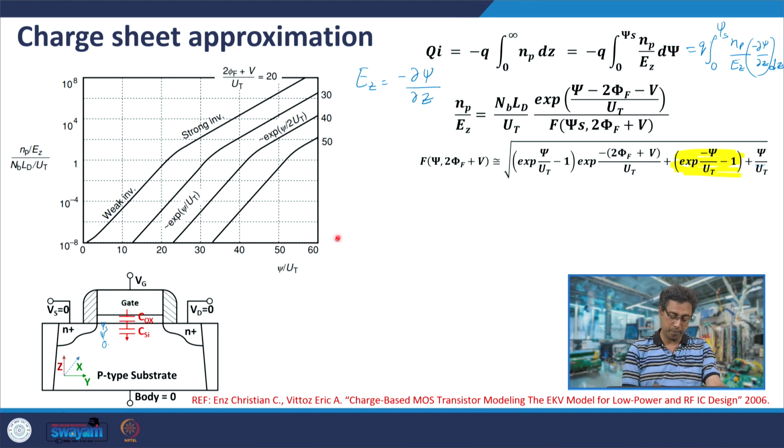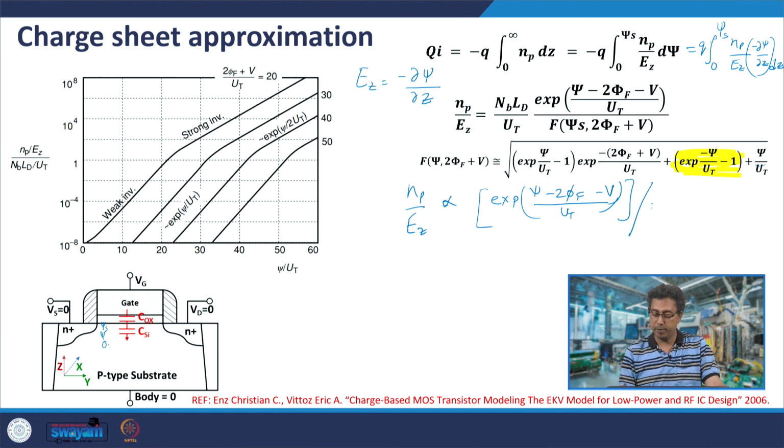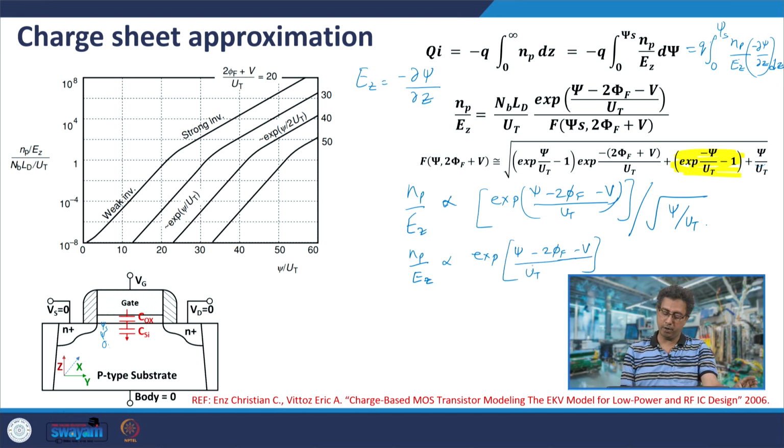So, NP by Ez in the depletion regime would be proportional to minus V by ut divided by ut, isn't it? So, NP by Ez is proportional to exponential chi minus 2 phi f. If you imagine that the exponential term would dominate and the square root of chi minus ut would be a slowly varying function, then essentially this is what is valid.